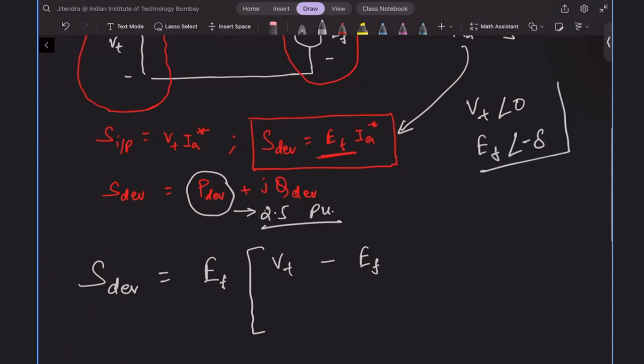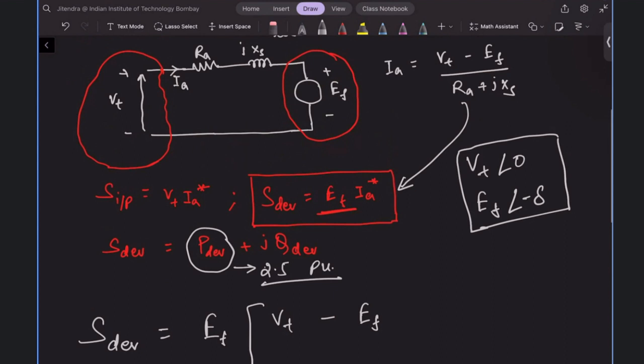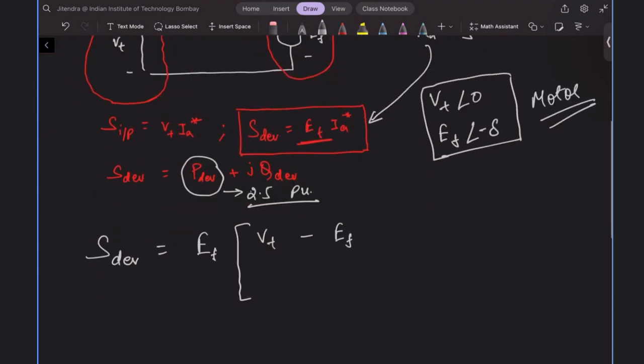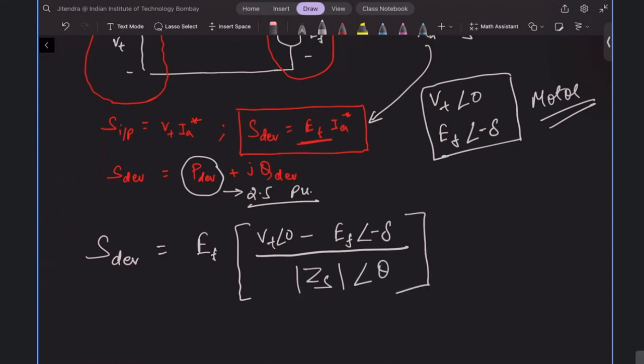I hope you are aware of this concept, right? Are you aware of this in case of motor? Yes, sir. Okay, great. So I can easily write it in this manner.